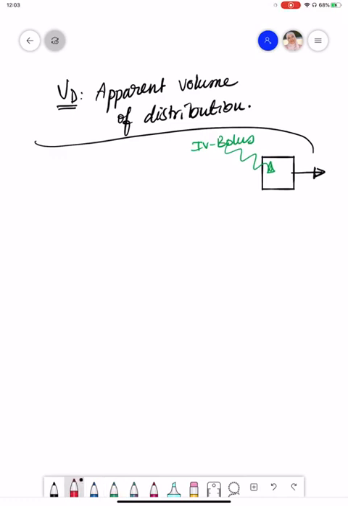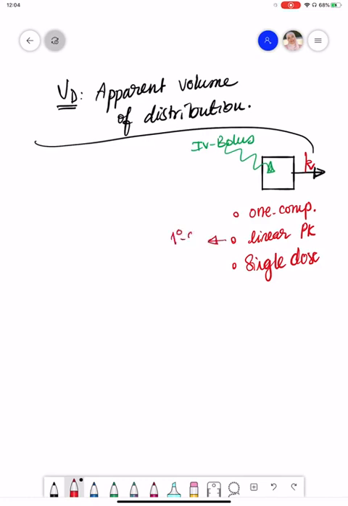We are talking about one compartment, linear kinetic, and a single dose. And as we are talking about linear kinetic, by default we are talking about first order kinetic, right?